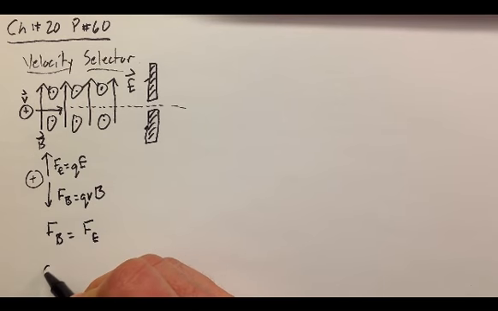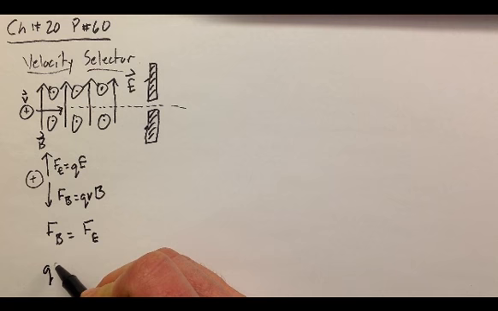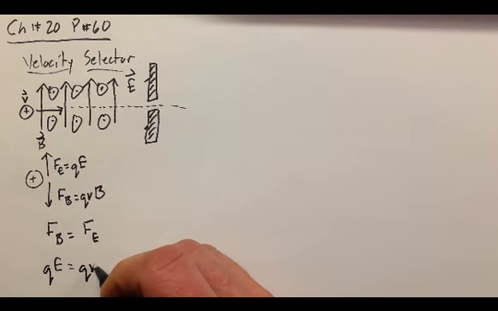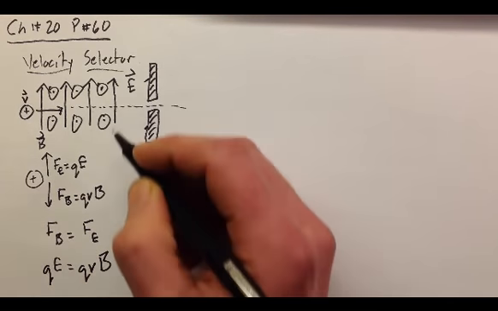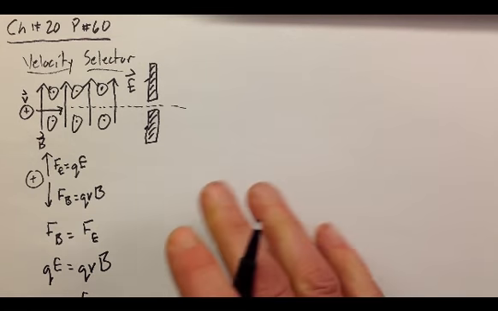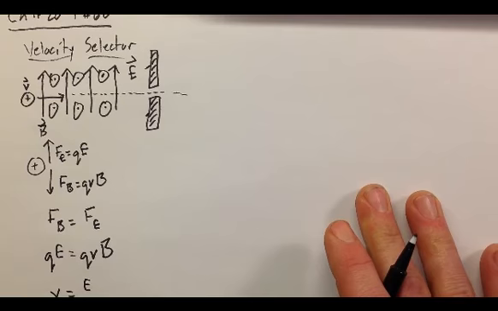And that occurs when QE would be equal to QVB, or more specifically, if I have an electric field and a magnetic field, the velocity that would pass straight through would be equal to the ratio of the two fields, okay?